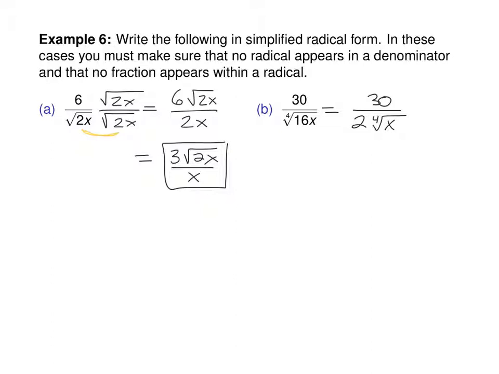And now I'm going to tell you what to multiply by, and you're going to tell me if it makes sense why this is what you've got to multiply by. You multiply by the fourth root of x cubed. Because you need to make that into something that has a nice fourth root, right? Which means you've got to make it have a power of 4. Does that make sense?